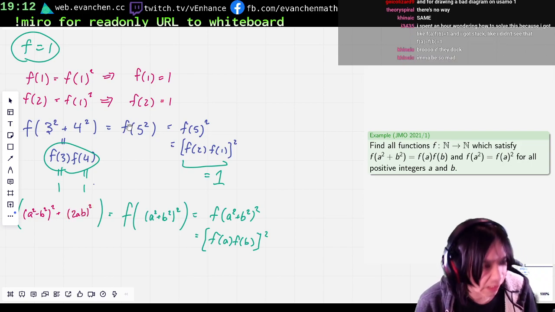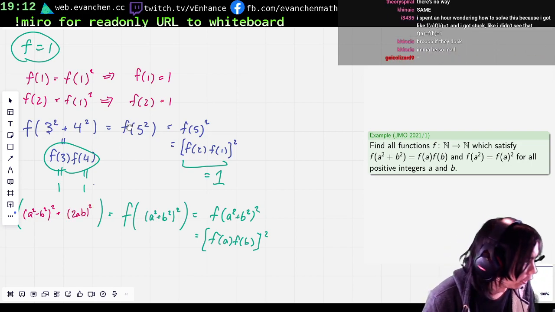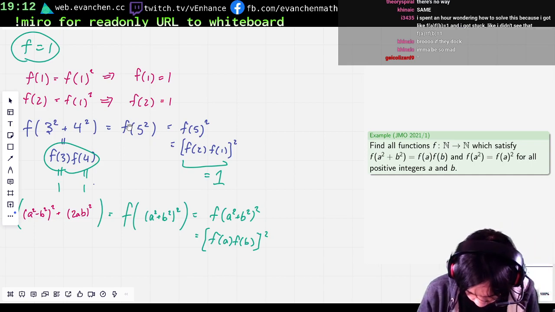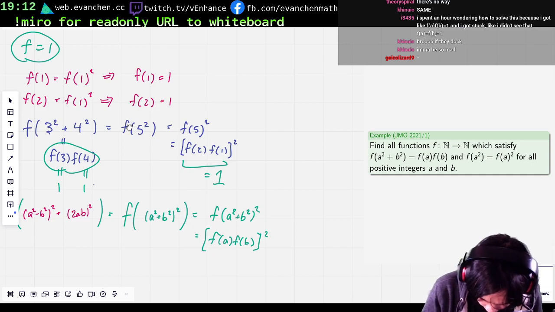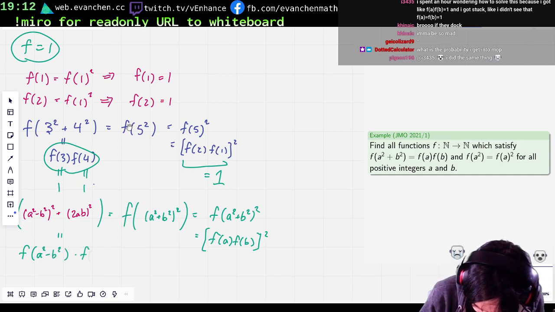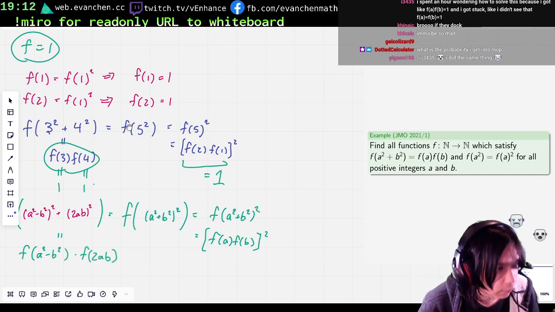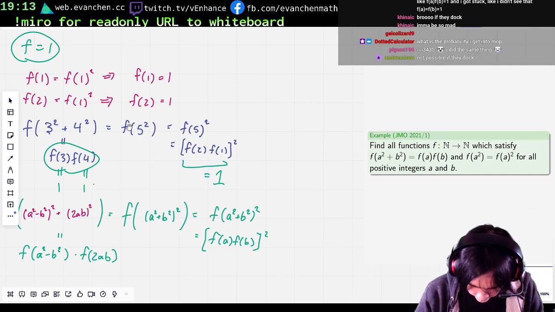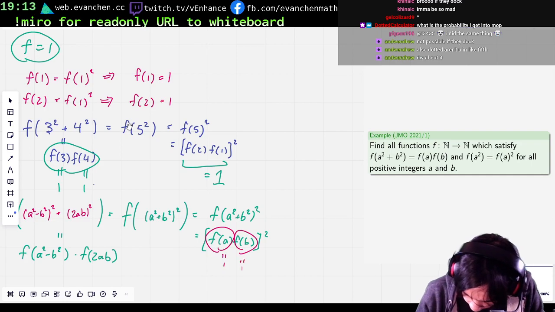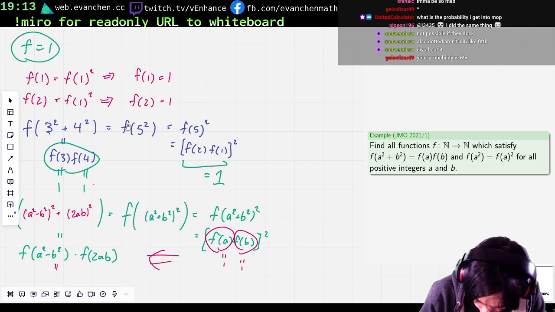This is sort of like a parameterization of Pythagorean triples. It generalizes 3, 4, 5. So anyways, this is equal to f of a squared minus b squared times f of 2ab. So if you know a priori that this is equal to 1 and this is equal to 1, that would imply that these two are also equal to 1.